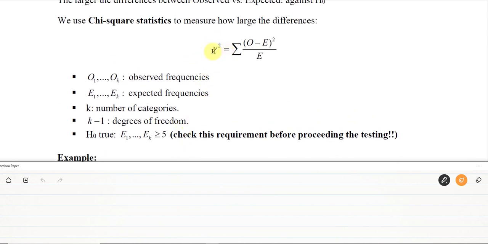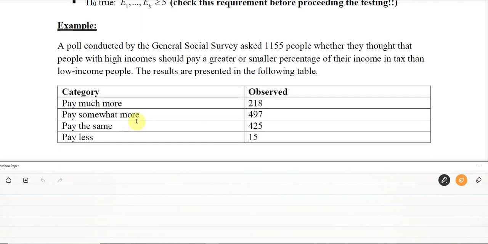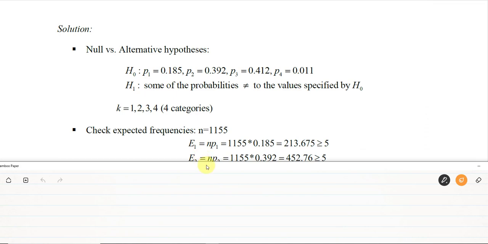The chi-square is equal to the summation of the observed value minus the expected value, over the expected value, squared. This is the summation notation, which means you add all of them. You add all of the values for k from the 4 calories, 1, 2, 3, 4, together.